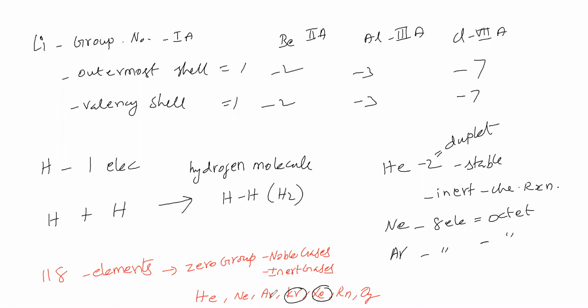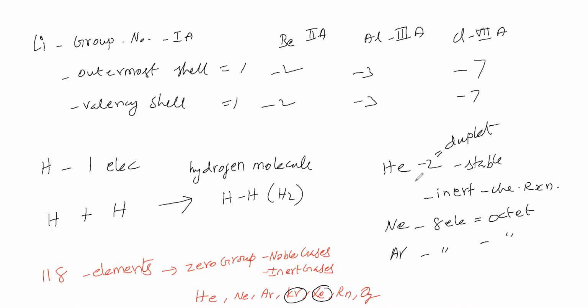Sir, superficially, all the elements in the periodic table are going for chemical reaction, while helium, neon, argon are not. So why are elements going for chemical reaction? In order to get a stable electronic configuration, that means either duplet configuration or octet configuration.